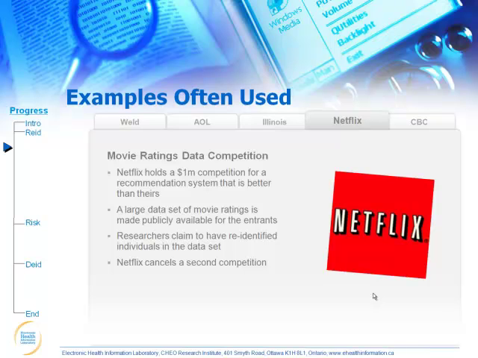And of course, there was a big kerfuffle around that, and Netflix was planning to organize a second competition, but the second competition was canceled because of the bad publicity around this attack. And of course, people started suing them because they claimed that Netflix posted their personal information online.